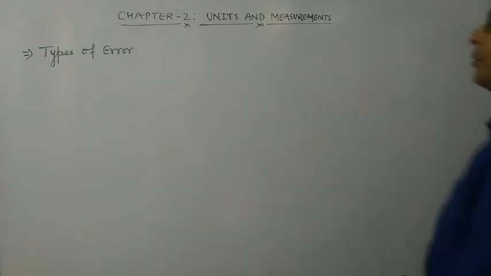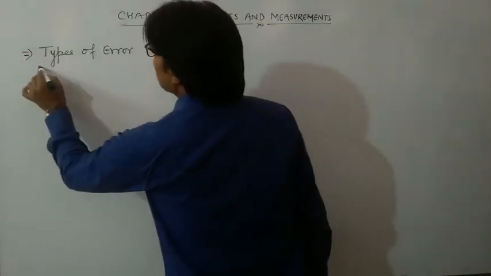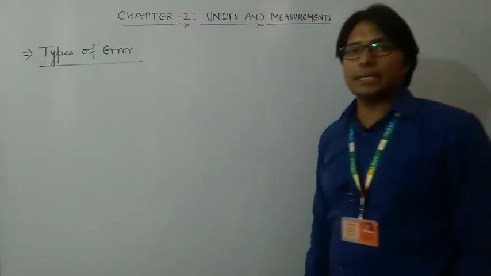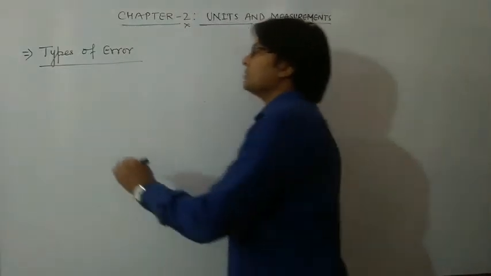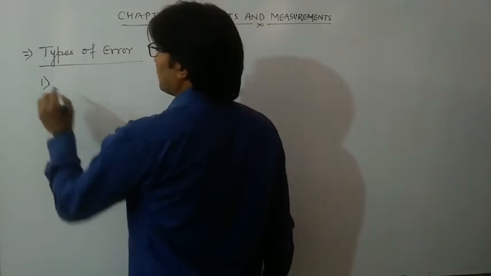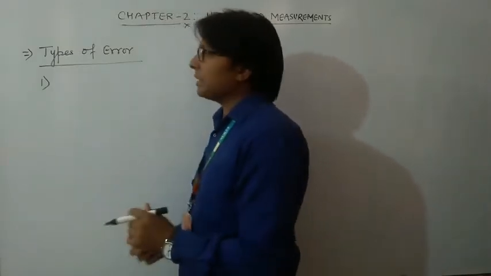So let us try to discuss the various sources of error. Now we will define the types of errors in the measurement. There are 3 types of error, or we have categorized the errors in 3 categories.